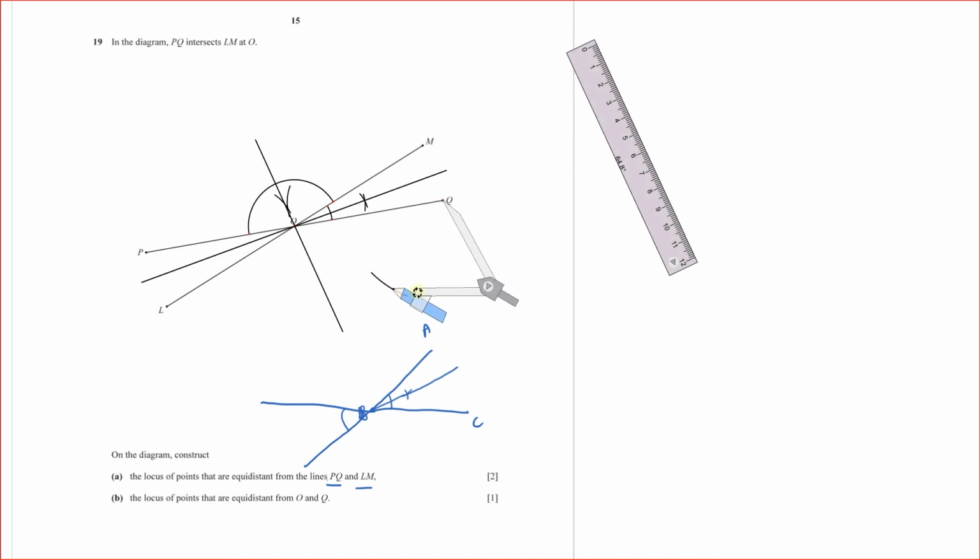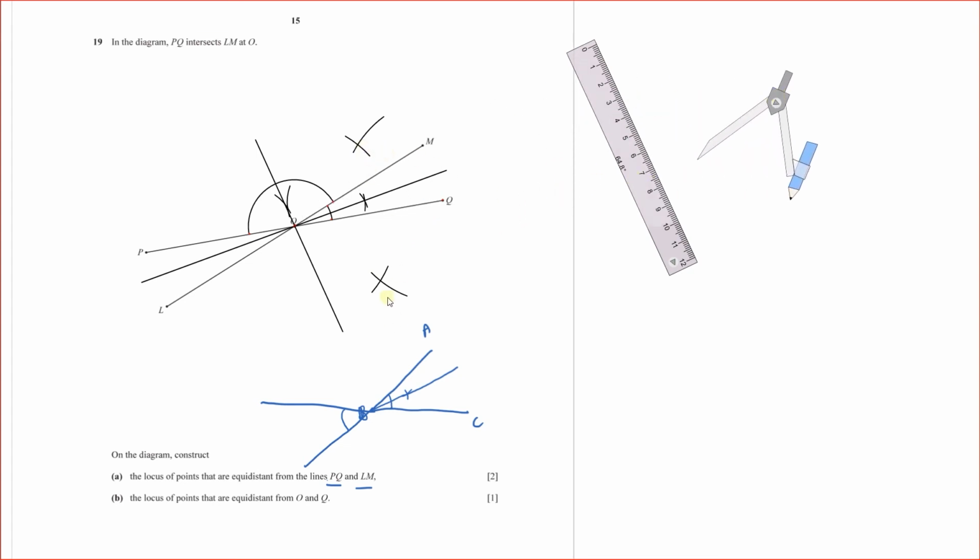And I will also draw an arc on the top side. And then I will place my compass on this other point O and draw the other two arcs here at the top and then at the bottom.